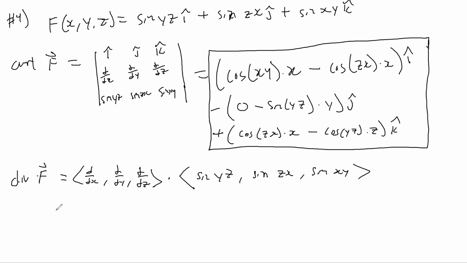For each term, I'm actually going to get 0 plus 0 plus 0. So that gives us a divergence of 0 for this vector field.